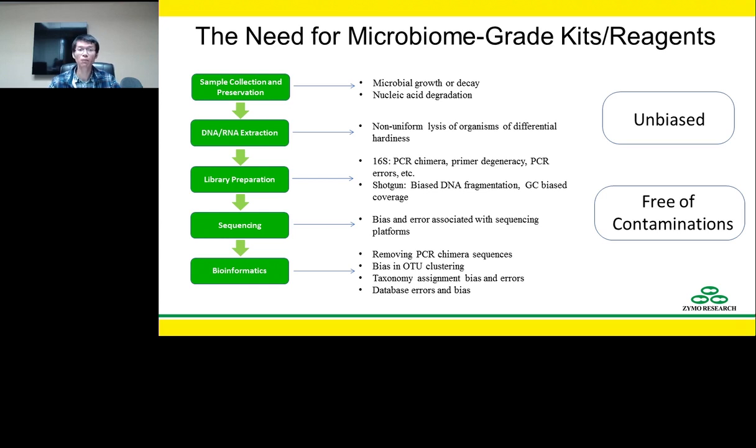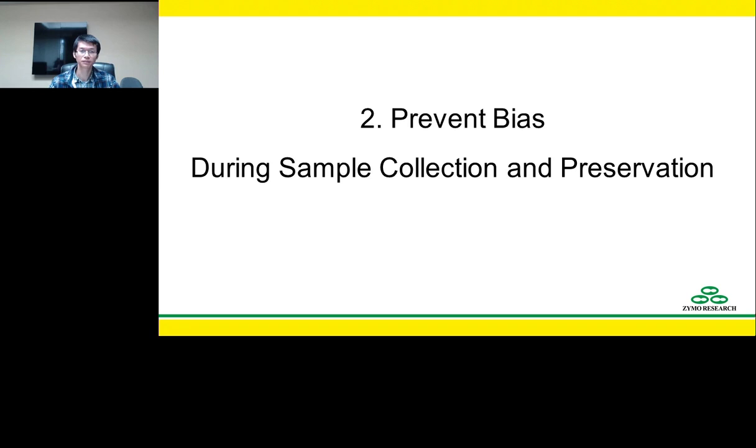The ideal microbiome workflow needs to be unbiased and free of contamination. However, this requirement was not taken into consideration when tools were designed for microbiome research. Because of that, new innovations and new tools need to be utilized to improve the accuracy of microbiome measurements.